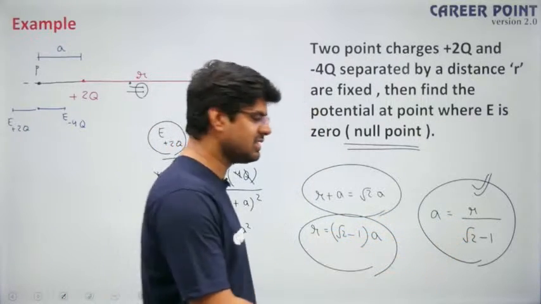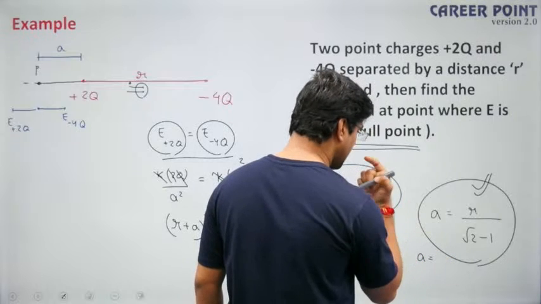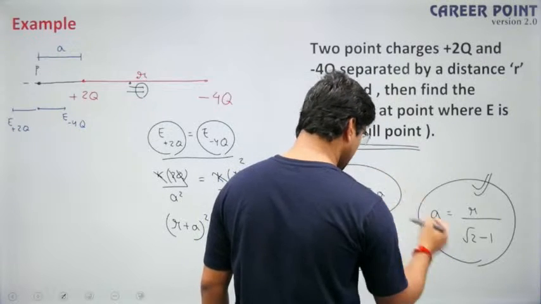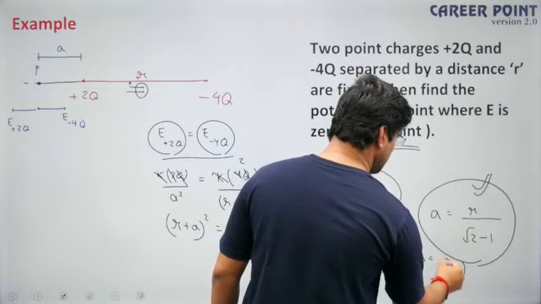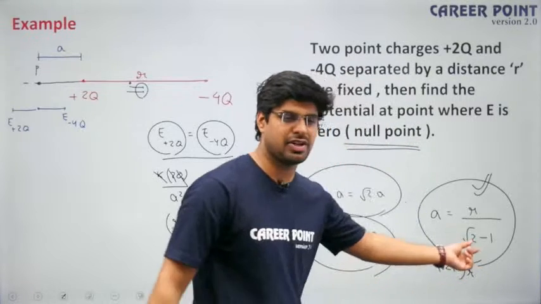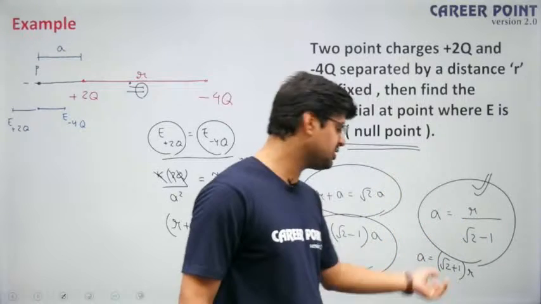If I simplify this, I can get A is equals to how much? Root 2 plus 1 into r. If I rationalize, multiply by root 2 plus 1 in denominator and numerator, I will get root 2 plus 1 into r.